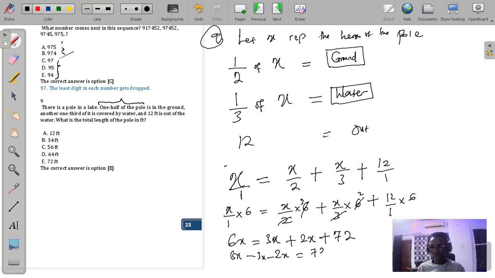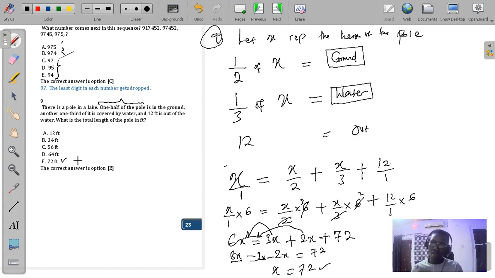So I took this to the other side, and I decided to take this to the other side too. So then we have 6x minus 3x minus 2x. 6x minus 3x is 3x. And 3x minus 2x is 1x. And 1x is 72. And that's 72 feet. So is this clear, guys? Is it clear?